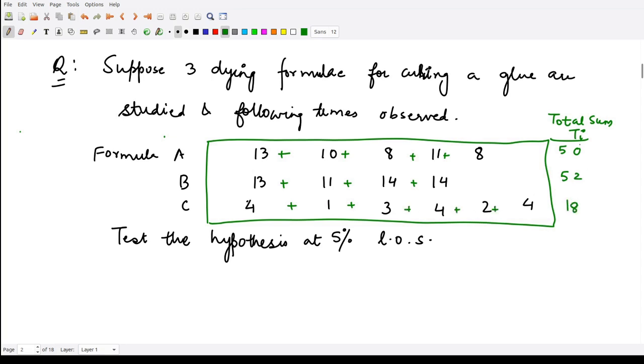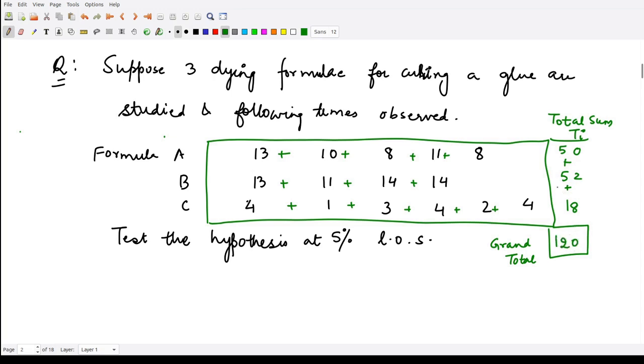So this is the Ti for formula A, formula B and formula C, and then we can calculate the grand total. Grand total is calculated when you add up all the Ti's. So you obtain 120 here.